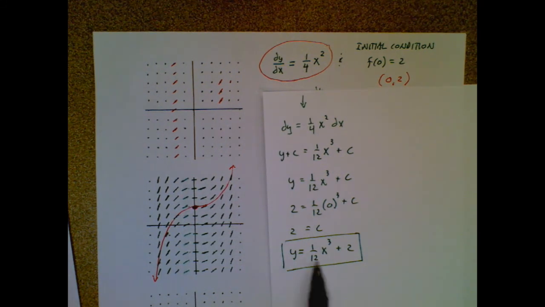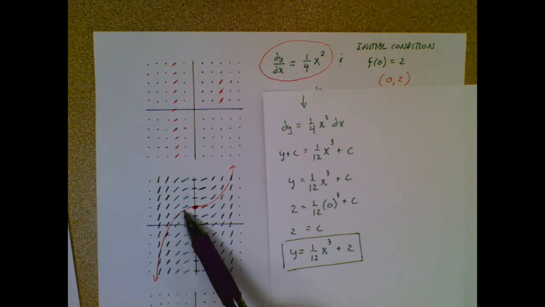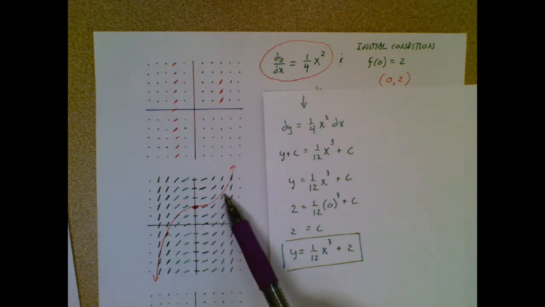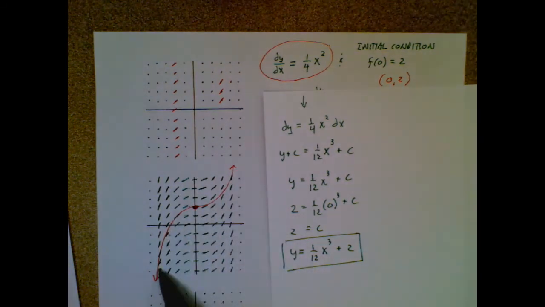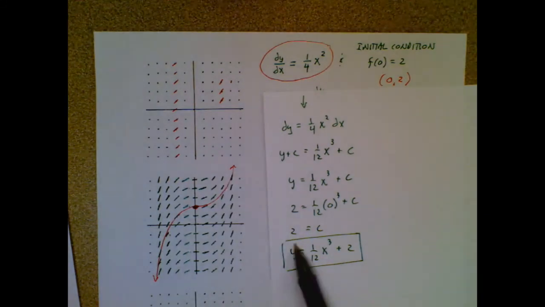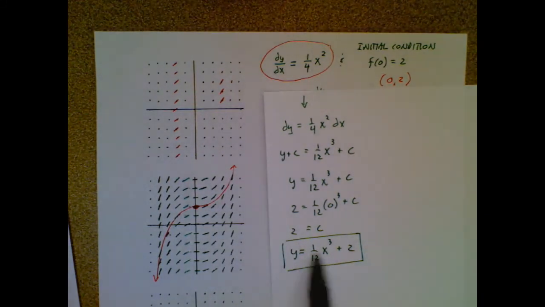Hey, wait a second. When I solve this differential equation, the equation that I got should match this solution curve. The solution curve depends a little bit upon your judgment, but this should be darn precise.